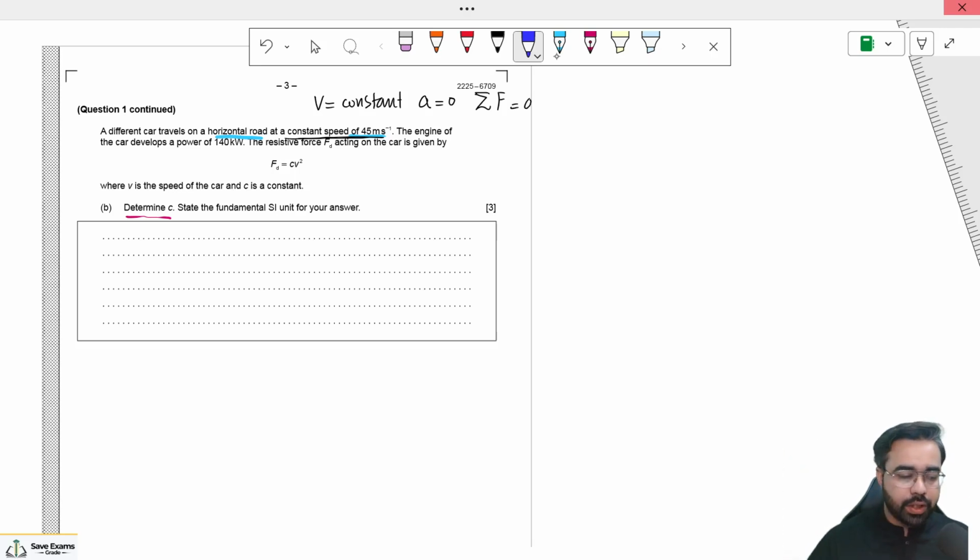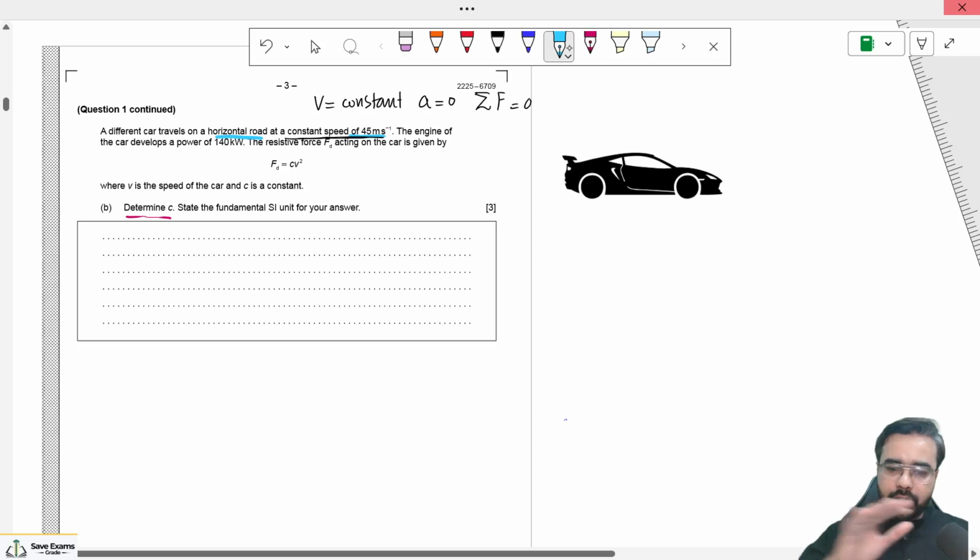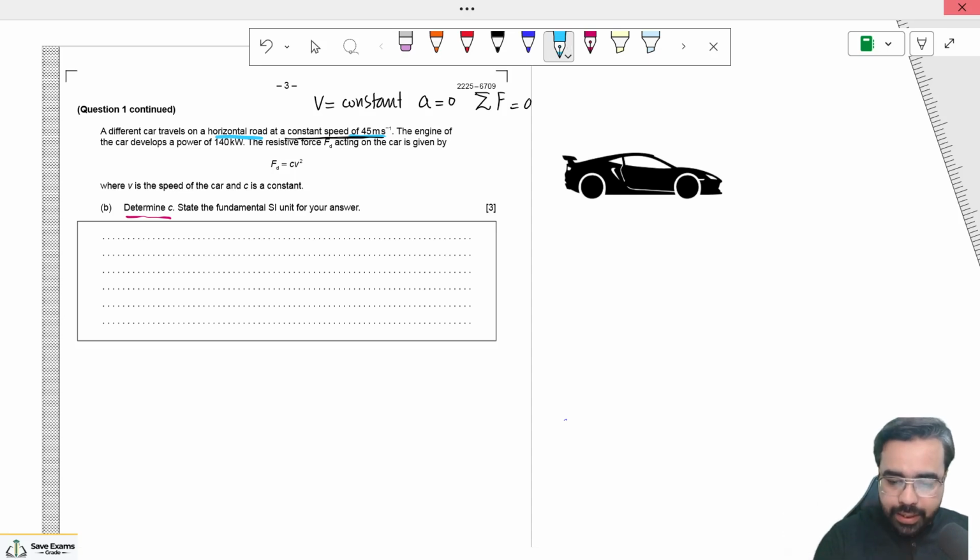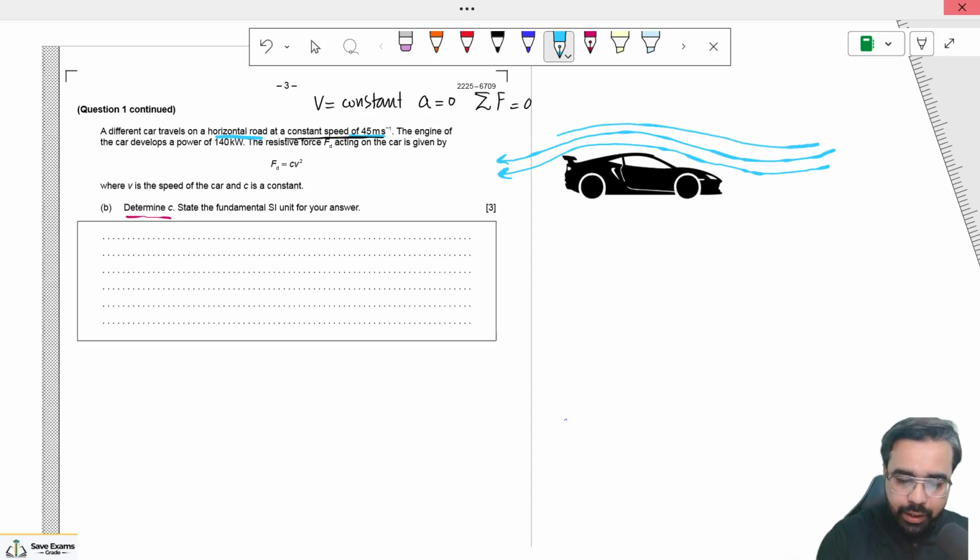Let me show you in this diagram. So students, let's say the car is moving to the right, and these are the streamlines of the air, which are opposing. Because air is a fluid, the car is actually traveling against the direction of this air. So this air results in a force, which I can say is the resistive force, F_RES.